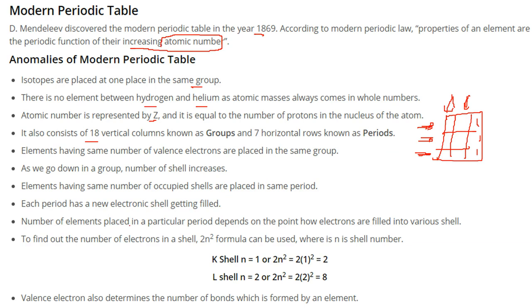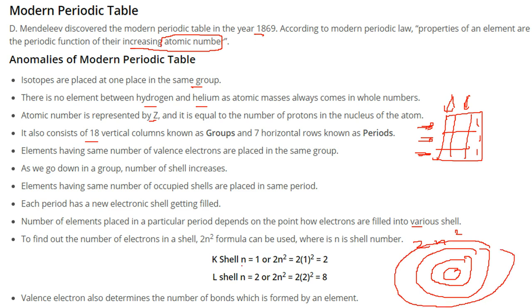So the number of elements placed in a particular period depends on how electrons are filled in various shells. In order to find out the number of electrons in a shell, the 2n square formula can be used, where n is the number of the shell. If this is the nucleus, we have the K shell, L shell, M shell, like this.